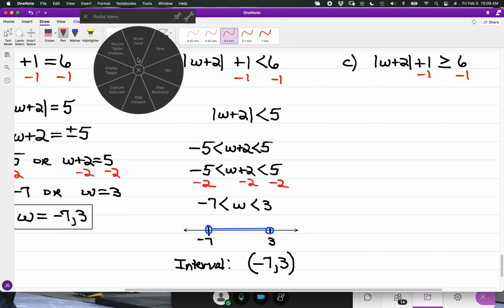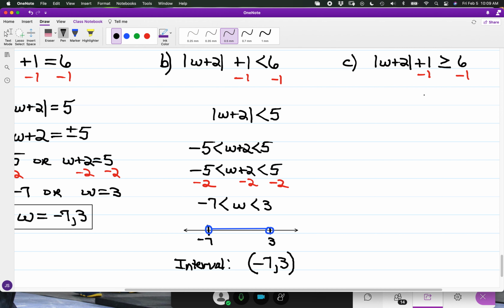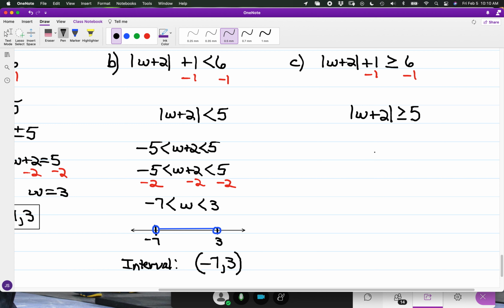So again, we're looking at the absolute value of x, once again represented by the absolute value of w plus 2, and k again is going to be represented by 5. So for this setup, if your inequality is less than or equal to, it will be upon removal of the absolute value bars that you're going to have a compound inequality.